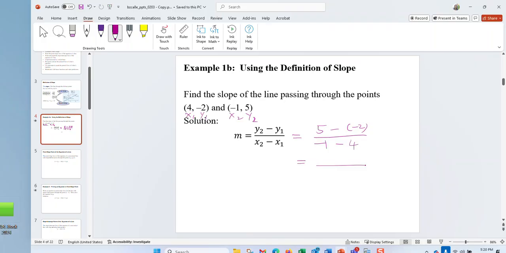Then we just do a little calculation. 5 minus negative 2 is 5 plus 2, which is 7, and negative 1 minus 4 is negative 5. So this is 7 over negative 5, or you can just write negative 7 over 5. Alright, so that's the slope, right? This formula is the general formula to find the slope for a line.